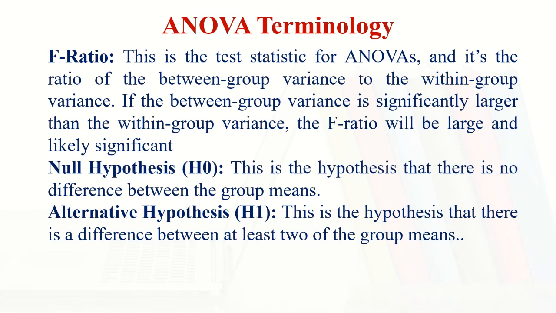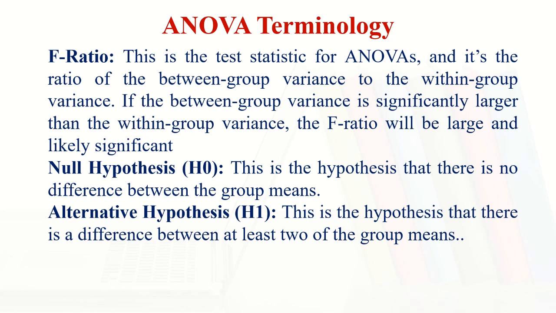And H0 is the null hypothesis. As I explained, this is the hypothesis that there is no difference between the group means. We consider there is no difference between the group means. The one group, class A, section A, and section B. I consider in another section, the professor is teaching the students, and I'm also teaching the students the same subject.